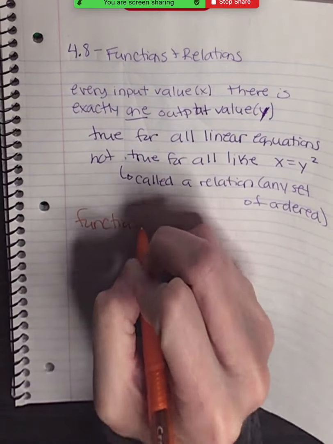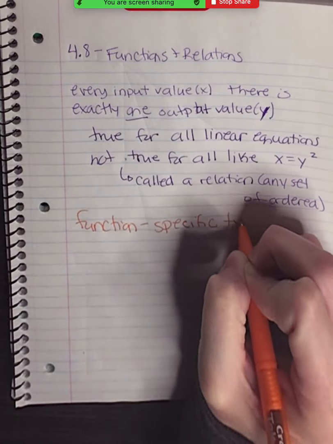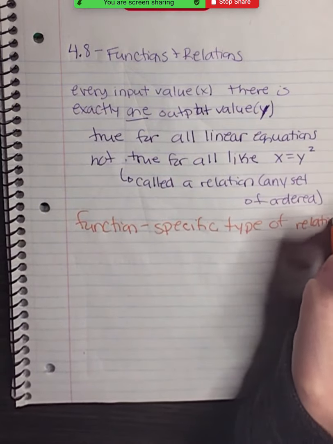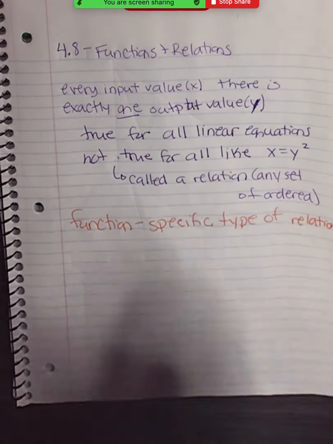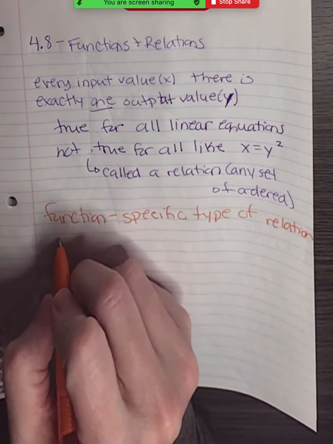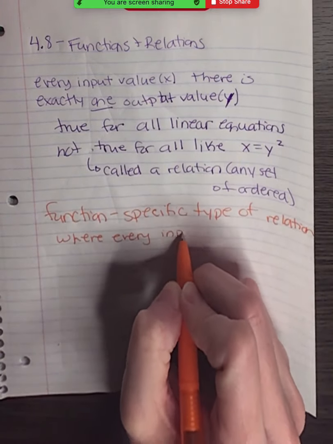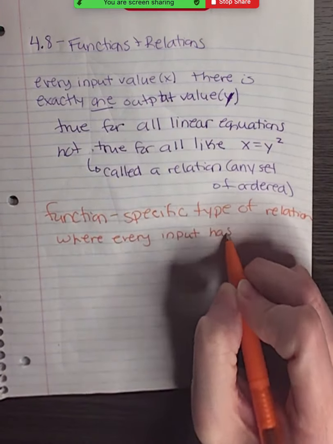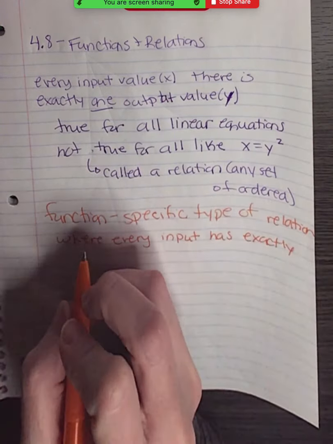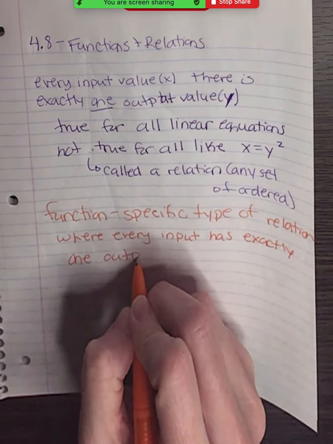This is a specific type of relation where, like the linear equations, every input has exactly one output value.